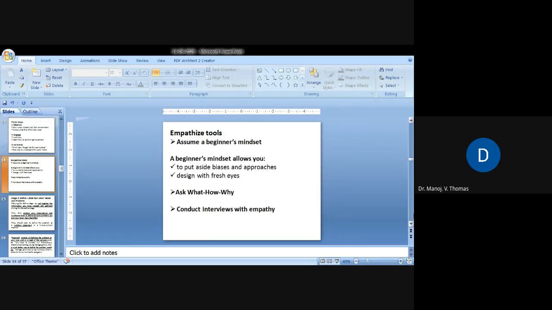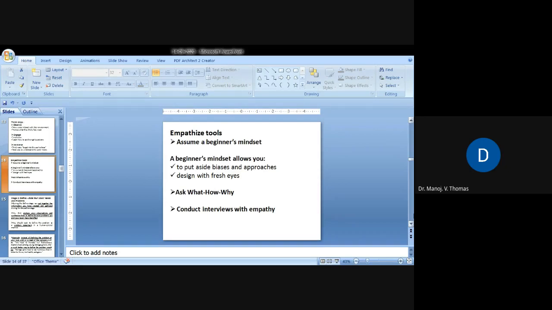So the empathize tools assume a beginner's mindset. I already mentioned a beginner's mindset allows you to put aside biases and approaches. You may be biased because of your experience, you may have a set of ideas, convictions or some approaches you find quite comfortable in developing something, a software or something like that.